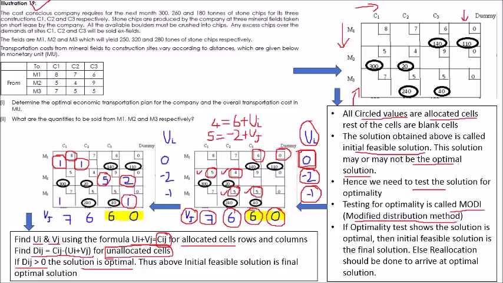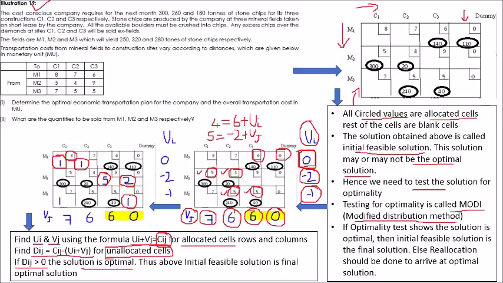For the maximum penalty, whether it is a row or column, allocate the row value or column value to the least cost cell of that respective row or column. Then try to exhaust the row or column, and keep on finding further penalties till you exhaust all the rows and columns. Once exhausted, just count how many allocated cells there are.